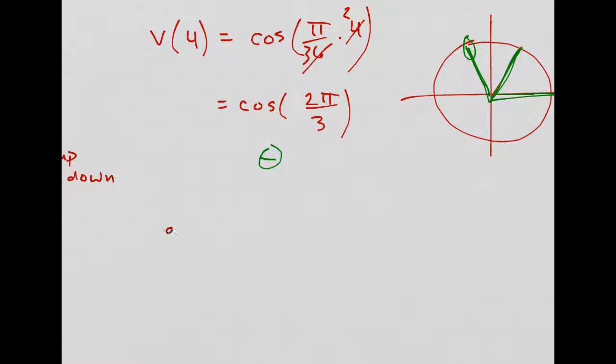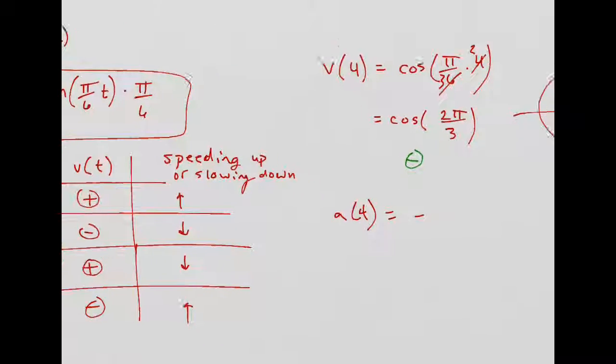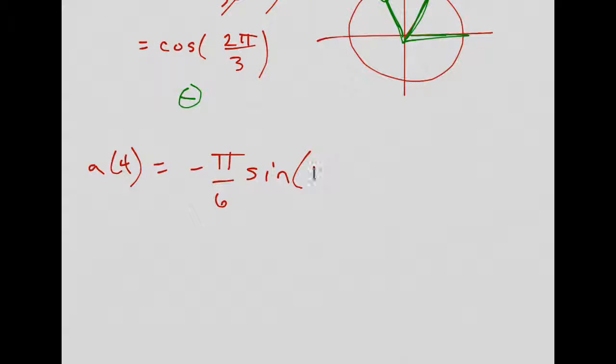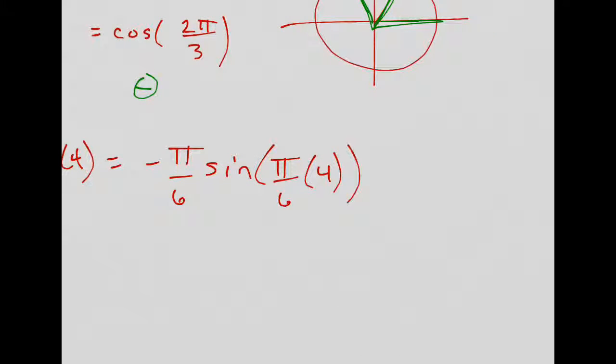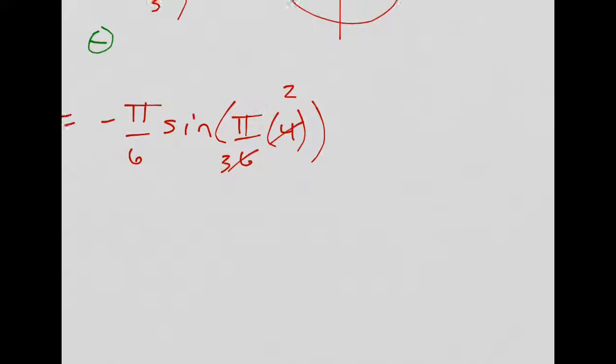And then the acceleration at 4, well, I decided the acceleration function would be negative pi over 6 sine of pi over 6 t, with t equal to 4 in this case. So again, I would reduce that, it becomes 2 pi over 3.